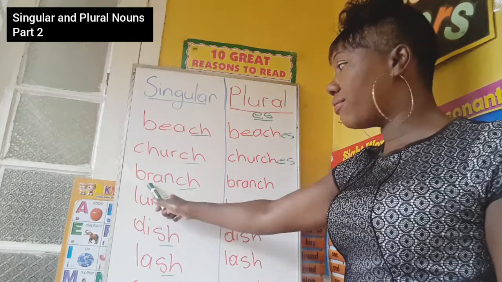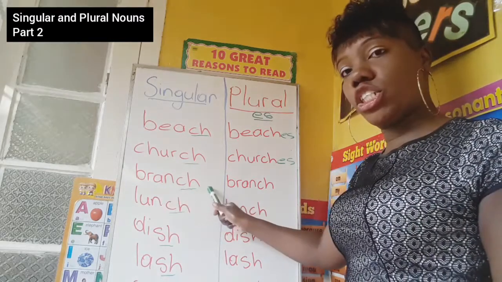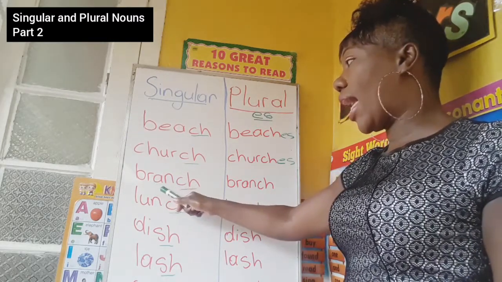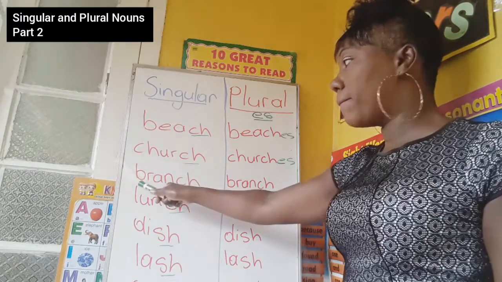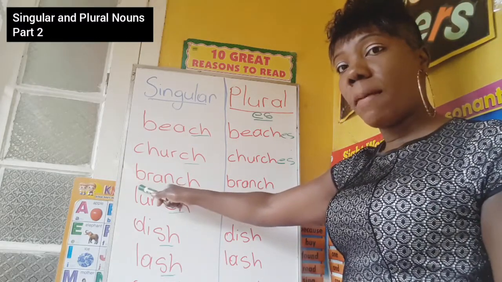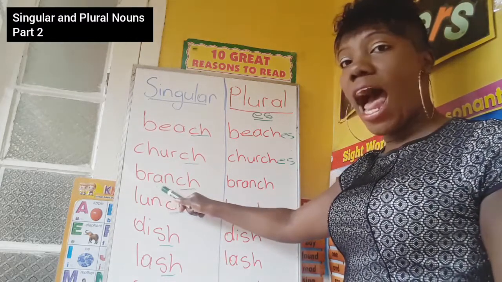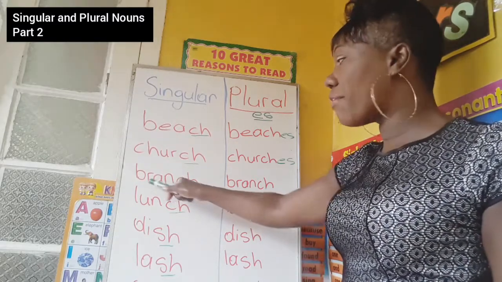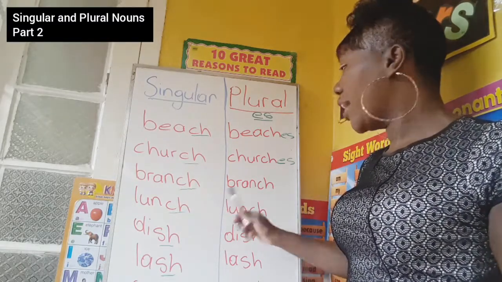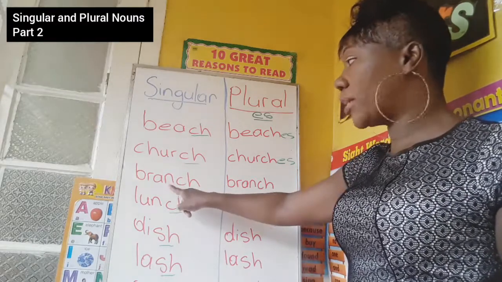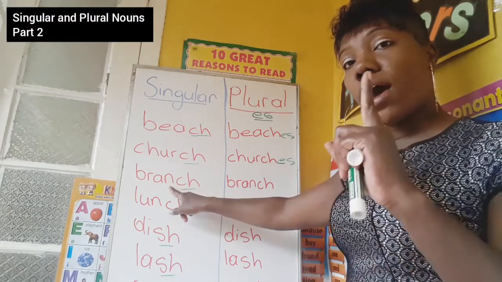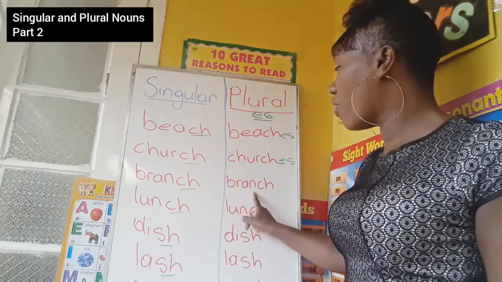Down here we have branch. B-R and C-H, they're working together. Branch. So this is how many branch? One. So we want to make it more than one.